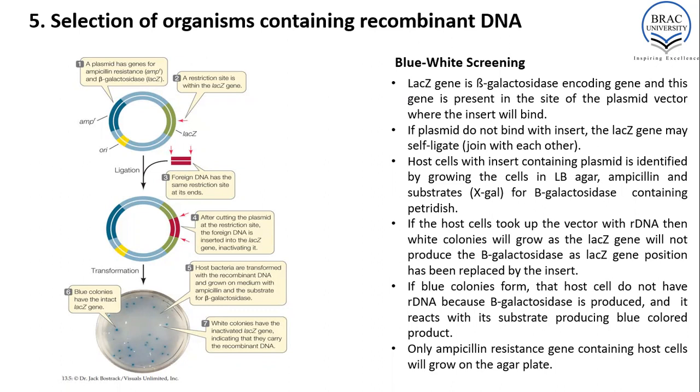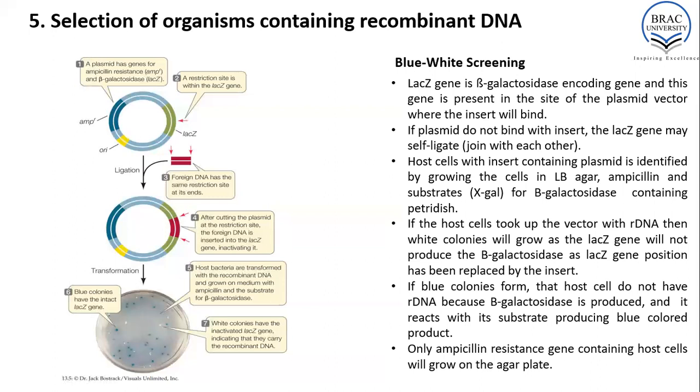So what happens in this procedure is that the bacteria has a lac operon. This is mostly for the metabolization of lactose or its related product, producing the enzymes that metabolize the lactose or its related product like IPTG.